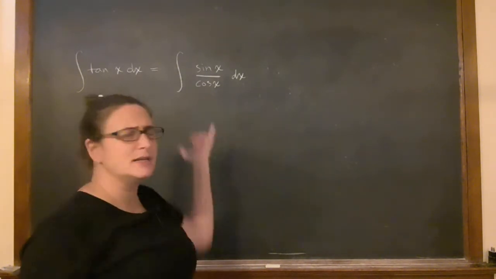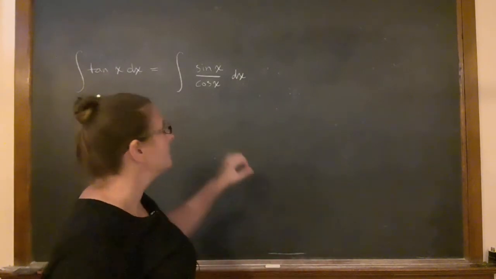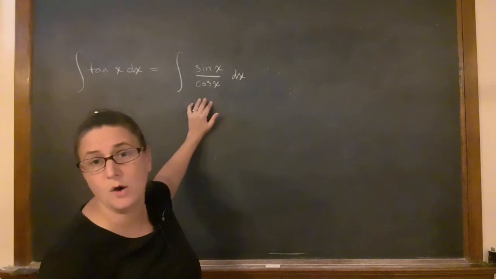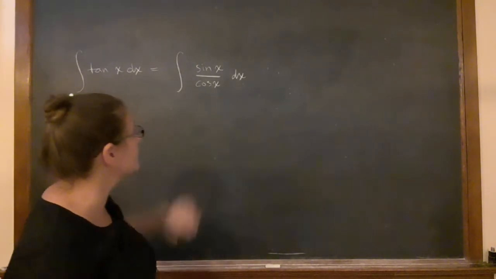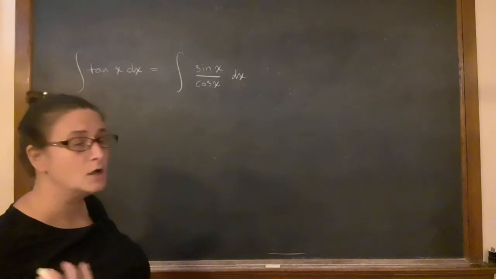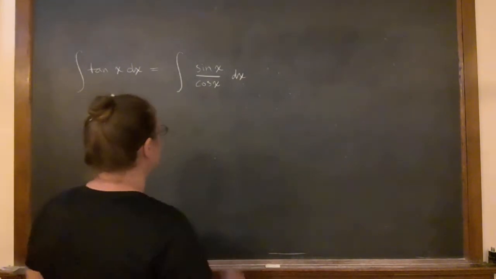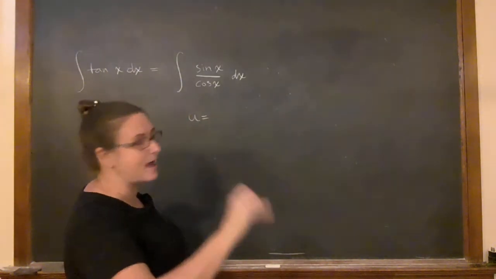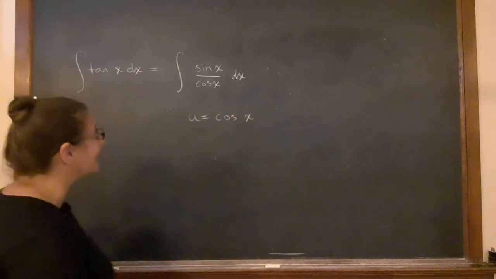It's not explicitly like that first one where it was something to the fifth, but really when you have something in the bottom, it really is like to the power of -1. So a very good choice for trying to see if this u-substitution works is to make u equal whatever's in the bottom of the fraction. In this case, cosine x.